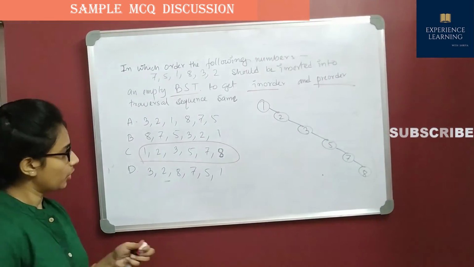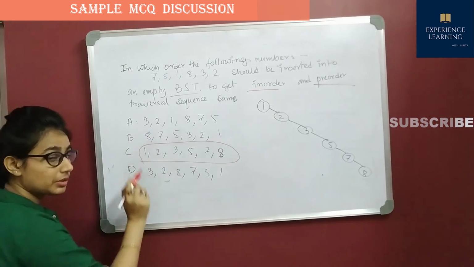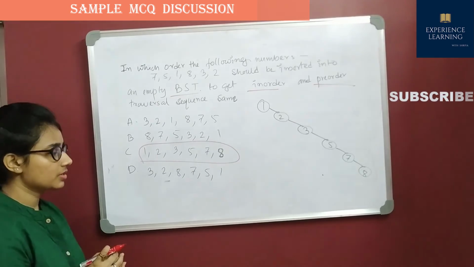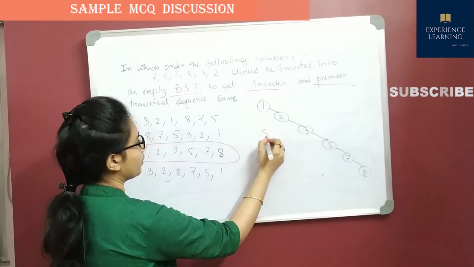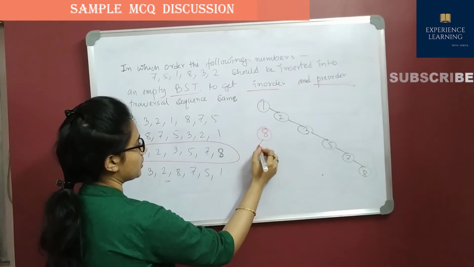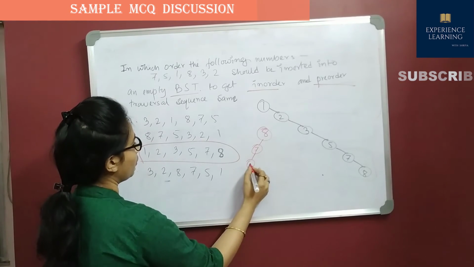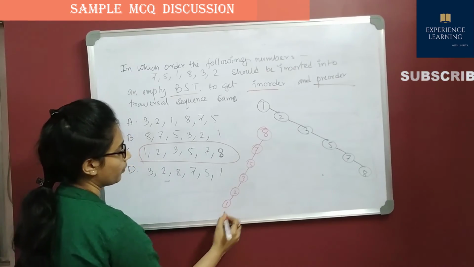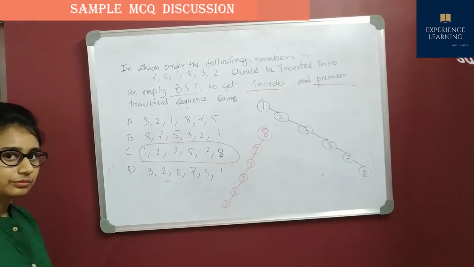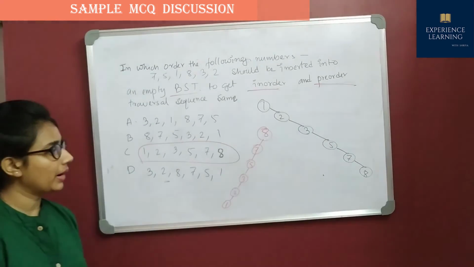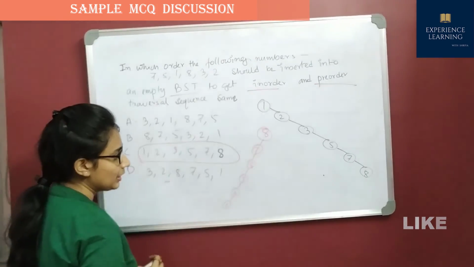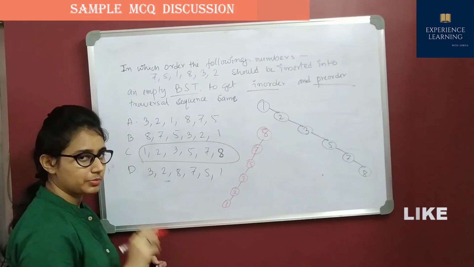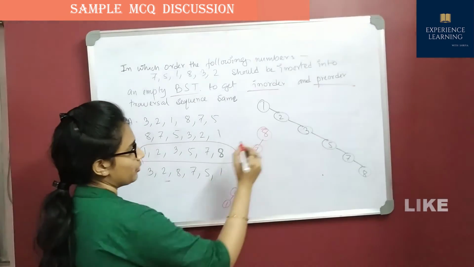Now you can think that option B will also be a skewed binary tree, isn't it? Okay, right. 8, 7, 5, 3, 2, 1. It can also be the skewed binary tree, but I have already discussed it in MCQ tricks 2 also.